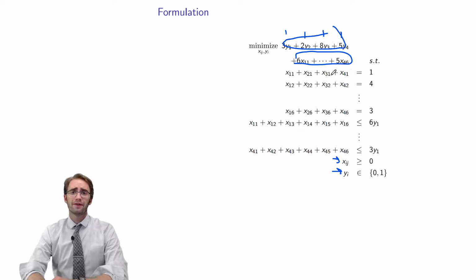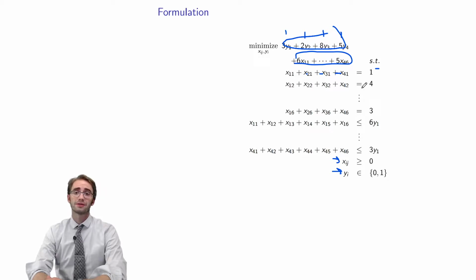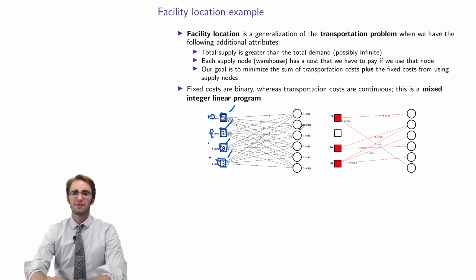And then you have the same kind of transportation conditions that you had, or meeting the demand rather, which is, the first demand node has to get 1 unit of supply from these warehouses. So x11 plus x21 plus x31 plus x41 is equal to 1. And then the second store, we're calling them, has 4 units of demand that it requires.